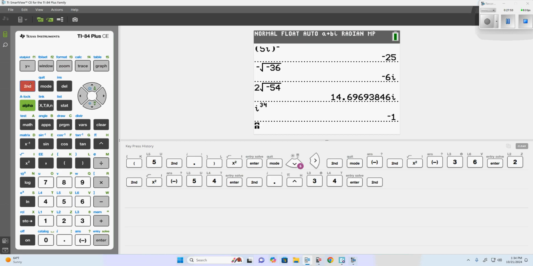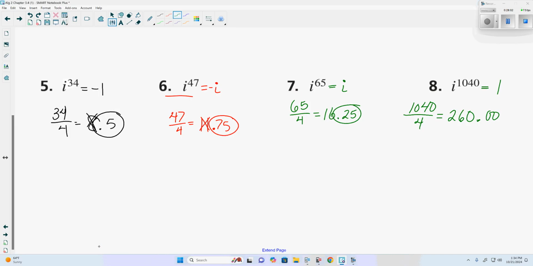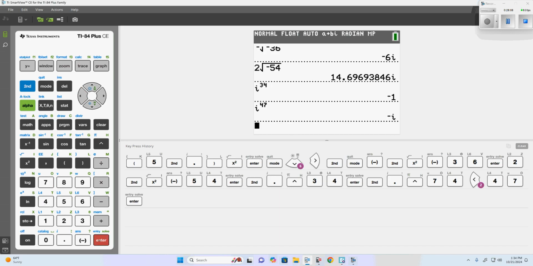The second one was asking for i to the 47th power, a little different. The 47th power is negative i. That still agrees with what we got, yes? So they work about the same.